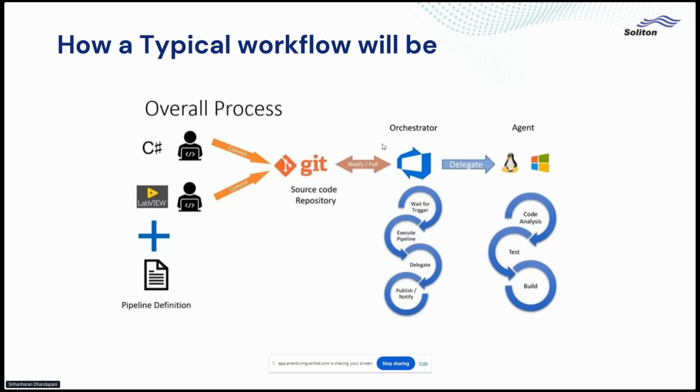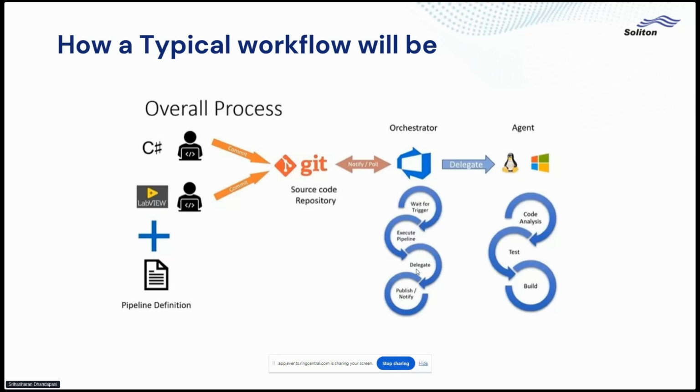So now what happens? The orchestrator is always polling the Git repository, and it sees that something has changed, and based upon the triggers, it will start executing the pipeline as you see here. Once the pipeline is executed, there are various tasks under the pipeline, like build, test, or run static code analysis, all those things, right?